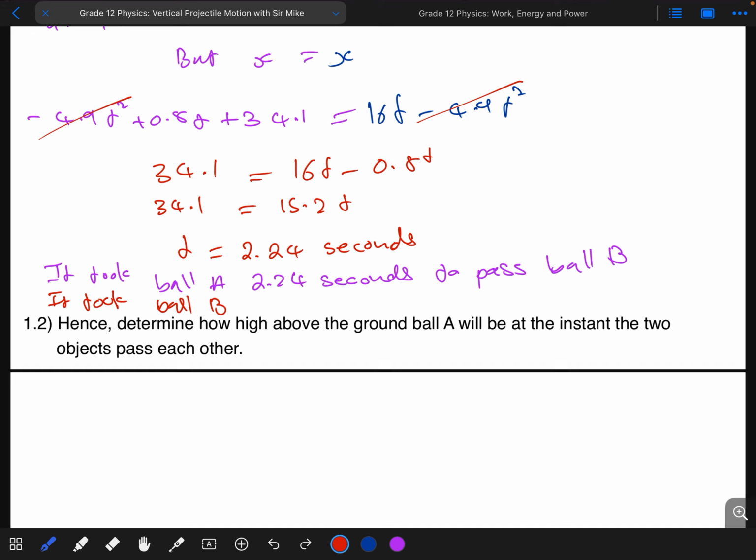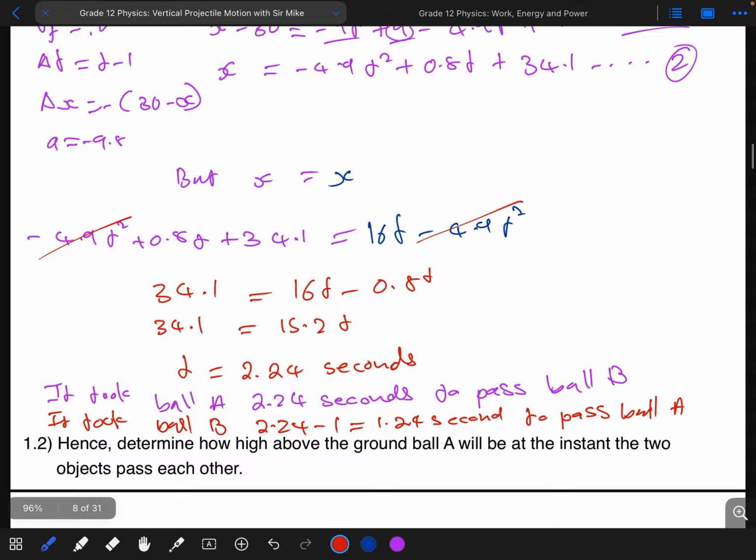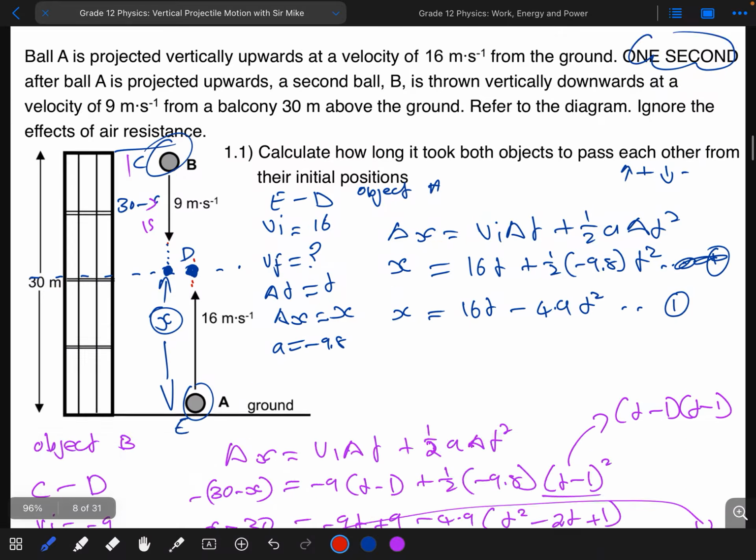So this is 2.24 minus 1, which equals 1.24 seconds to pass ball A. That is how I would answer 1.1.